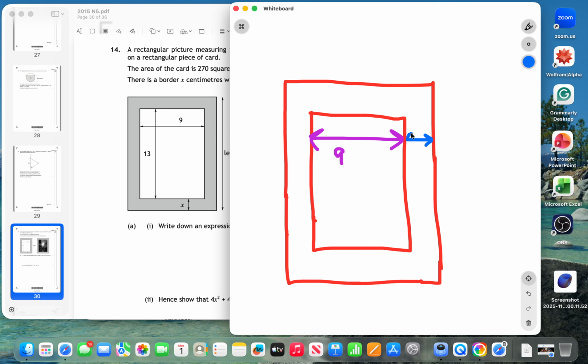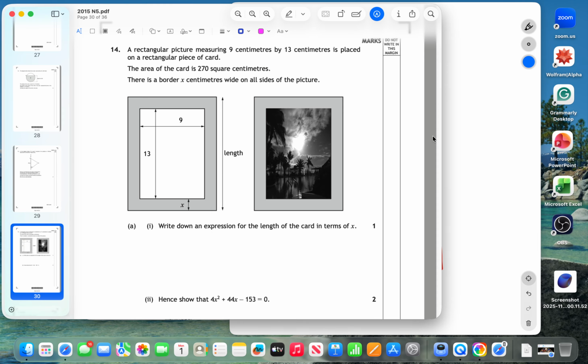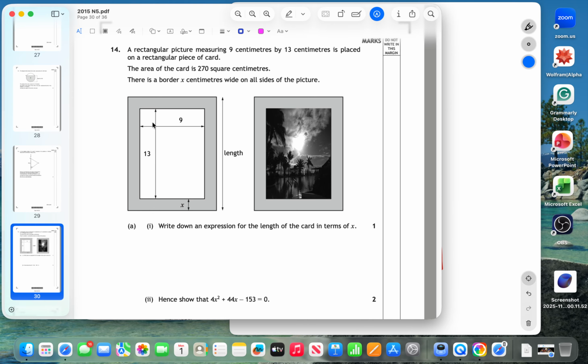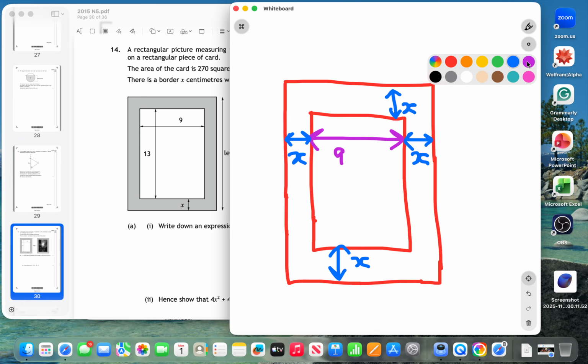This is X, because the width of the border at all points is X, so that is X, that is X, and this is also X. But we have this is 9 and this one is 13.